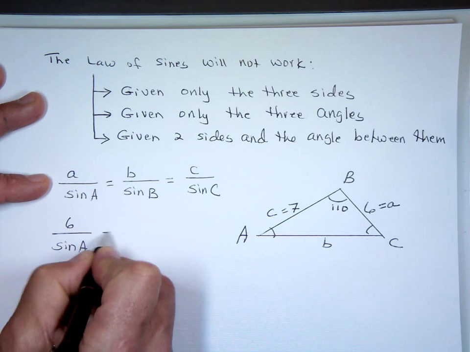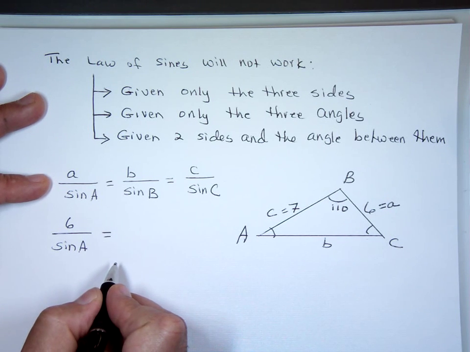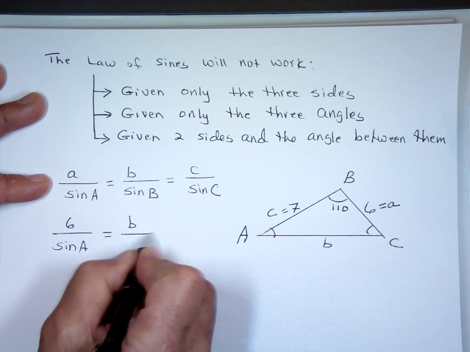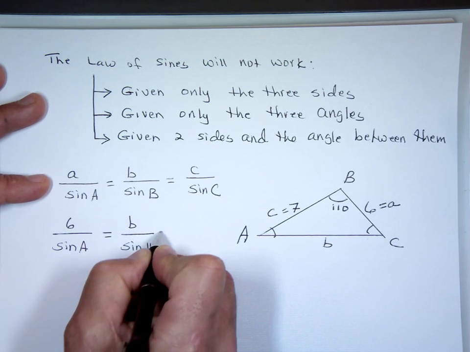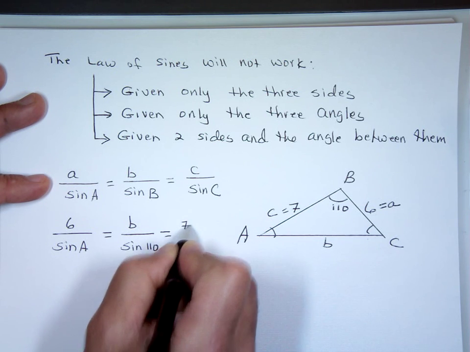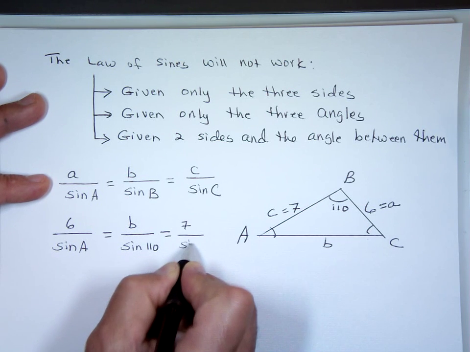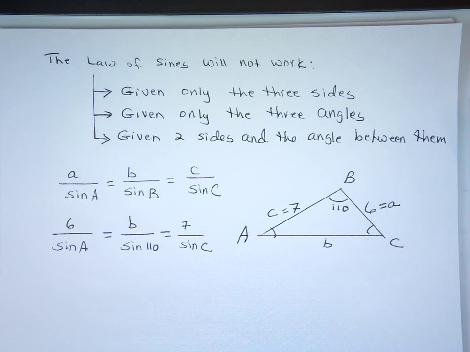B, unknown, over sine 110 equals C, which is 7 over sine of C. And anywhere you slice it, you will have two unknowns.